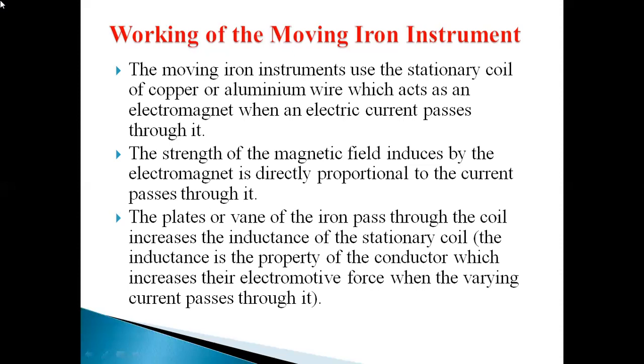So here, the moving iron instruments use a stationary coil of copper or aluminium wire, which acts as an electromagnet when an electric current passes through it. It works on the principle that it uses the stationary coil made up of copper or aluminium wire, which acts as an electromagnet. How is it going to act?